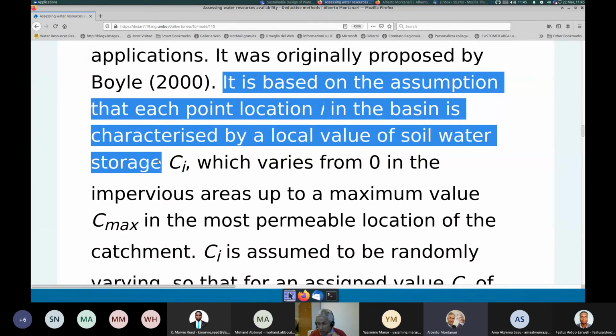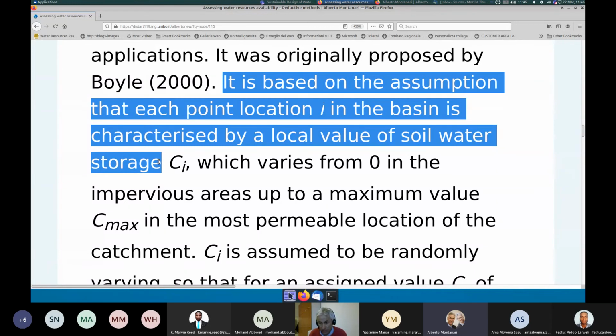So what is soil water storage? Let's suppose that you pour water over a sponge, okay? The sponge absorbs water, retains water, stores water. After a while, you get saturation of the sponge, and you start seeing some water leaking out. Perfect. In the soil, it's the same. When it rains on a dry soil, you have infiltration if the soil has some permeability.